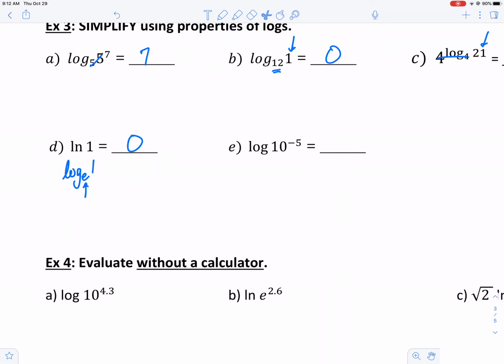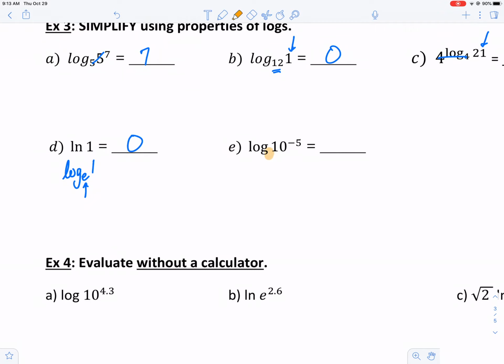Now this one is a little bit tricky because, remember, with this first one, the base of the log and the base of the exponent were the same. But here, I don't have a base of a log.